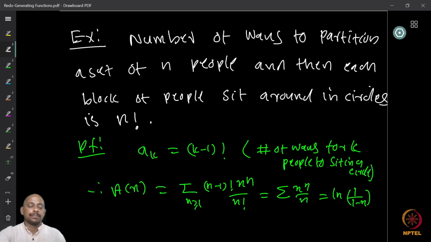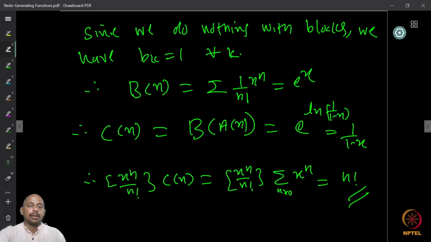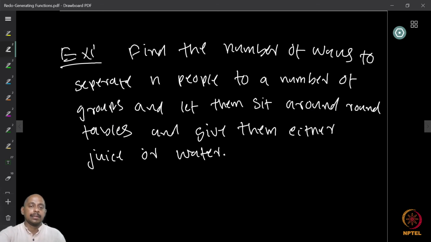Okay, now let us look at one more example, which is slightly related. Find the number of ways to separate n people into a number of groups, and then let them sit around again in circles. But after sitting them at tables, we serve them either juice or water.